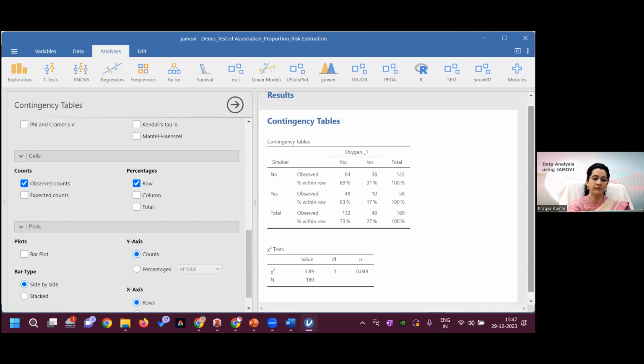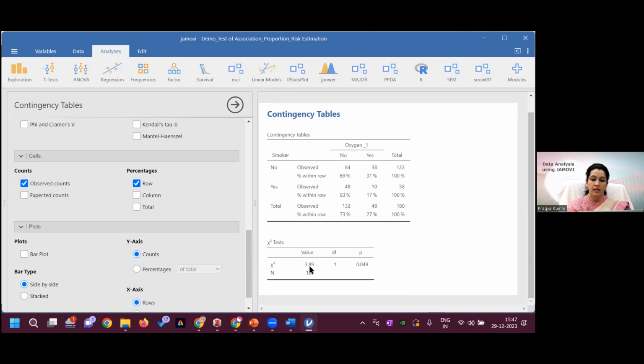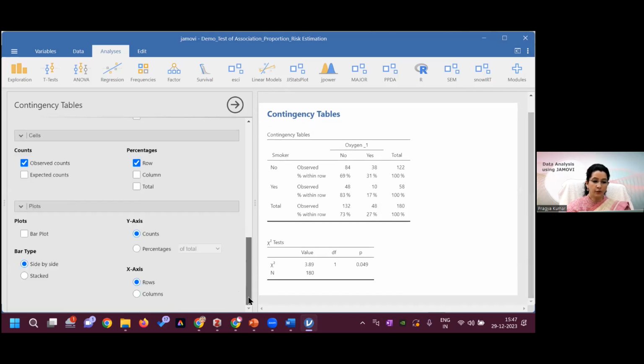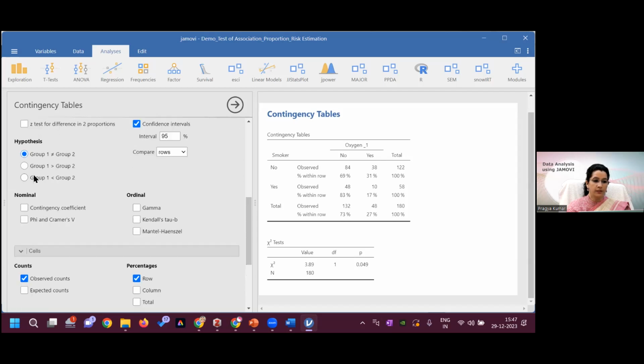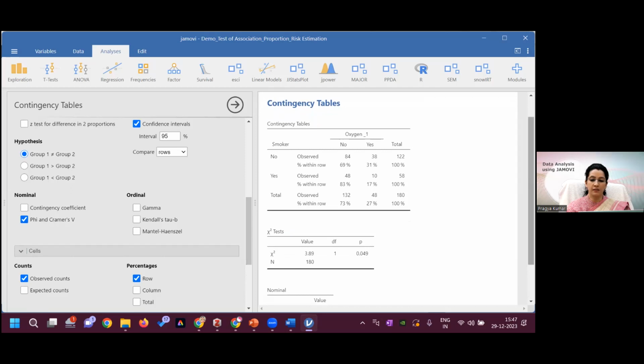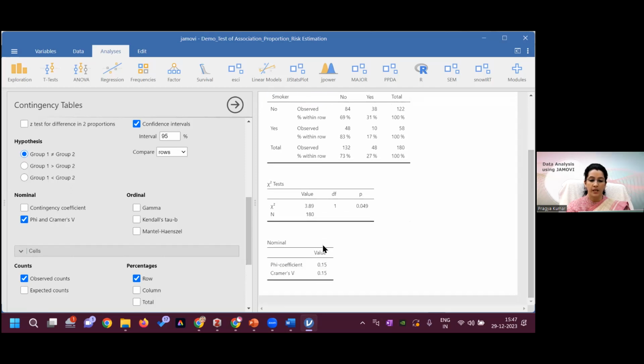So leave this, whatever I was telling. And then comes the value of your effect size. Phi and Cramer's V are the effect size measures, and you see that it is 0.15. For a 2 by 2 table, generally you take Cramer's V. So it is 0.1 to 0.3, which is a moderate effect size.